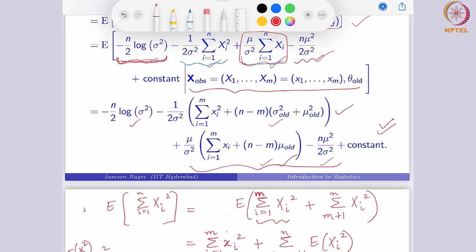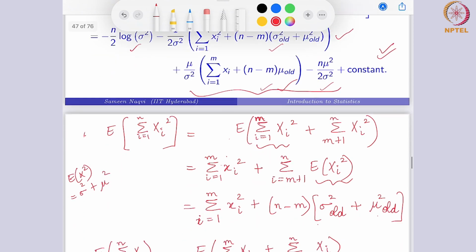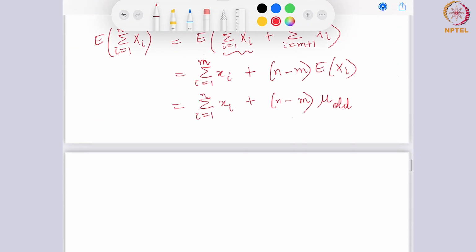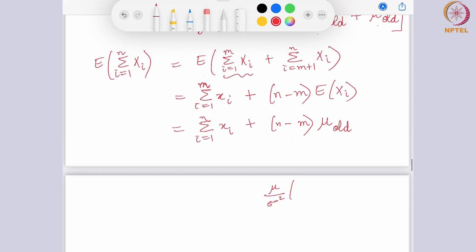The first two terms would eventually be 0. So if I write it, it is mu by sigma square times summation xi, i from 1 to m, plus n minus m times mu old.